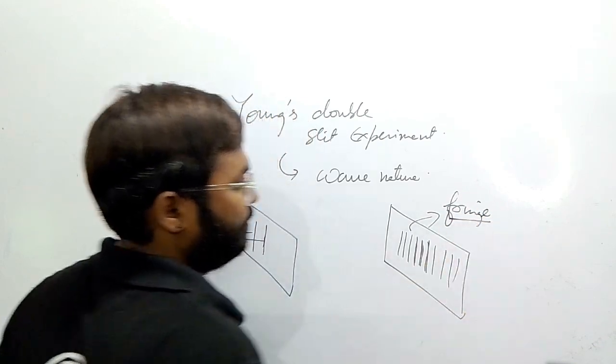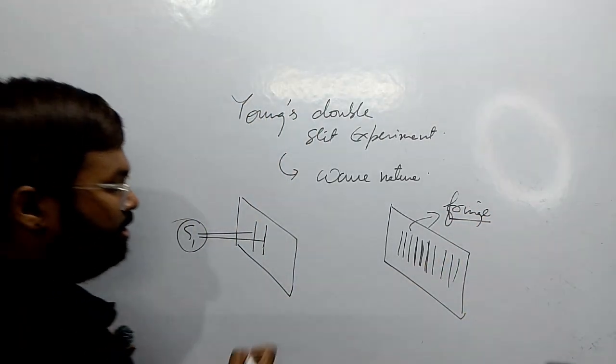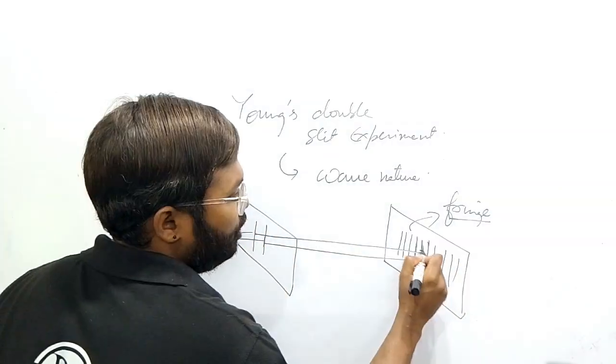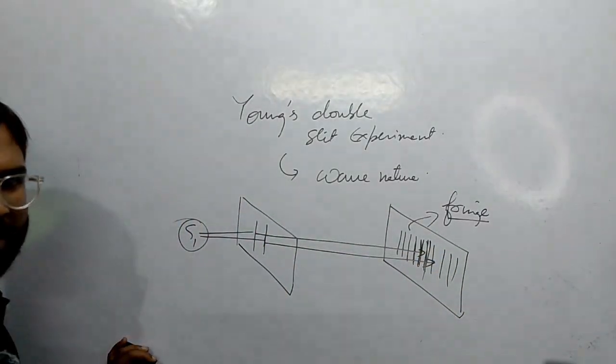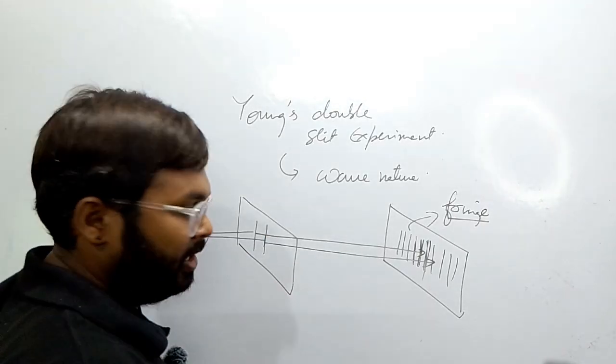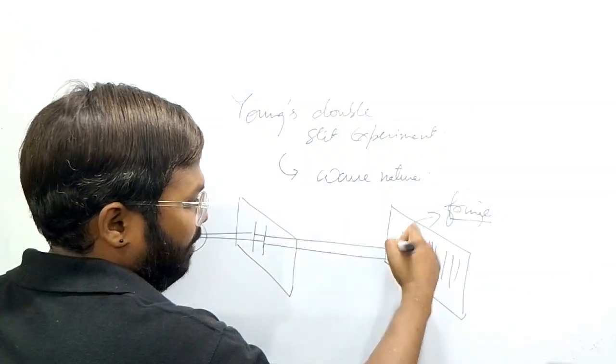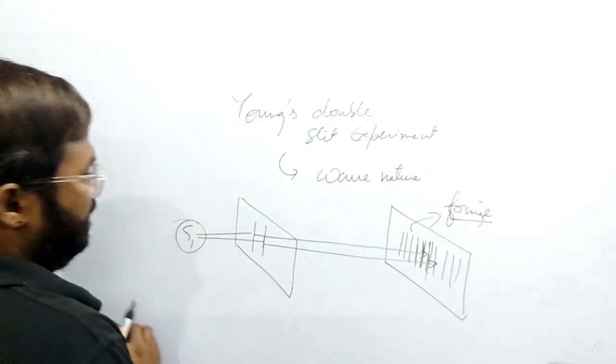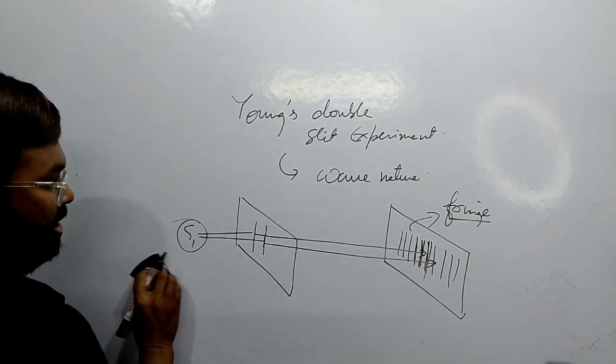So how does it happen? Since we know that light travels in a straight line, we should have only two bright lines. But we got many bright and many dark fringes. Why does it happen? Let us discuss this.